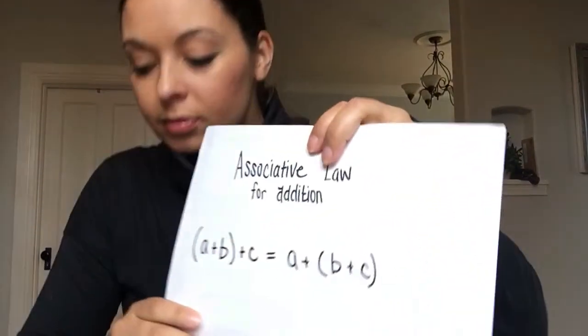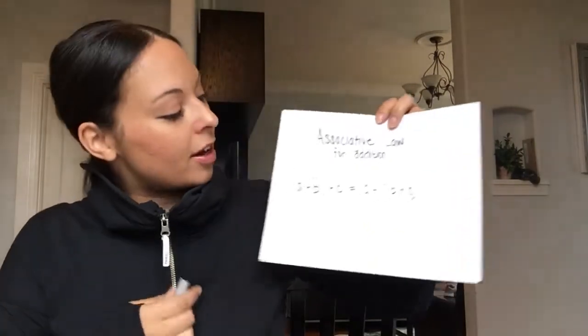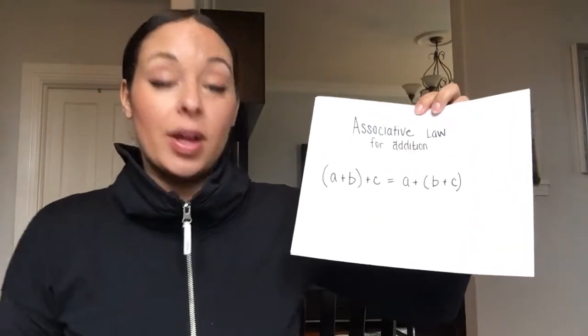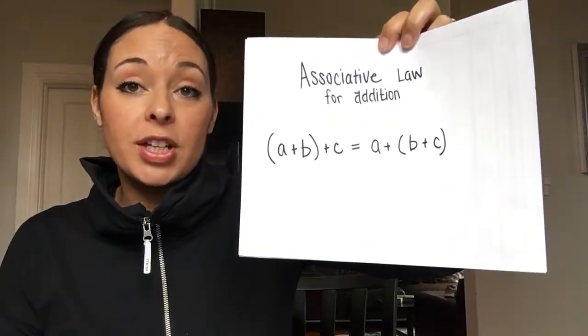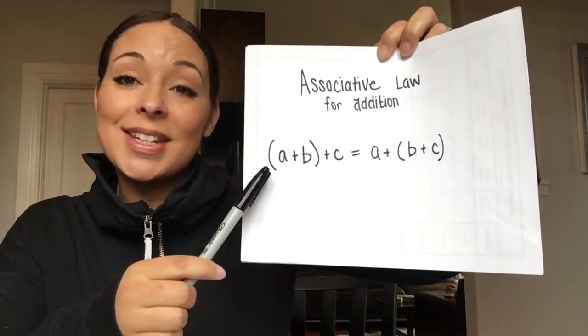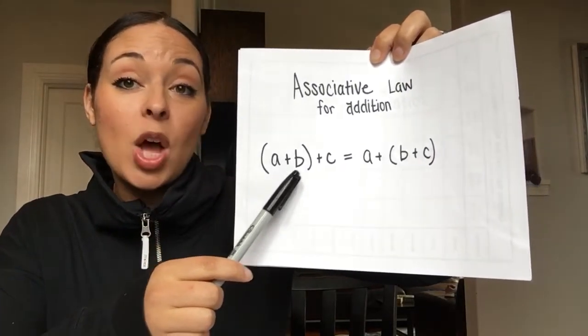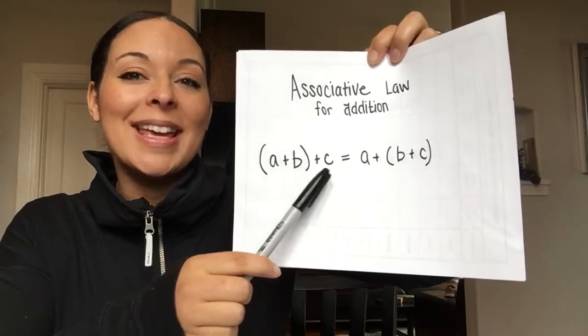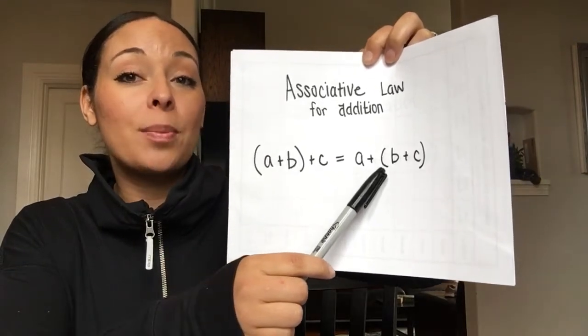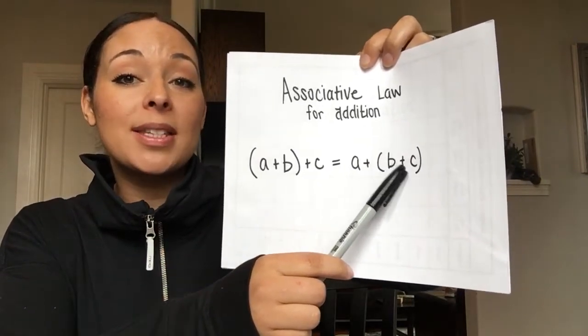And we're going to sing it to the tune of Do Lord, Oh Do Remember Me. And it goes like this. Okay, so the associative law for addition states, (A plus B) plus C equals A plus (B plus C).